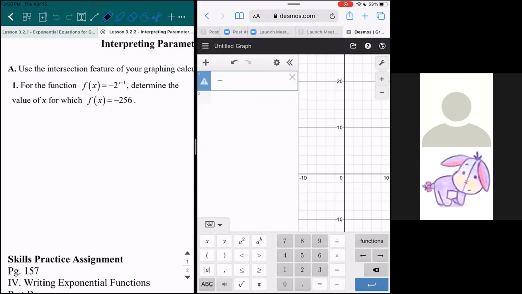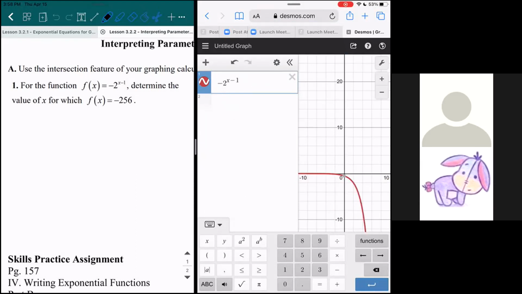So -2 to the power of x minus 1. Well, Desmos doesn't like me typing there, so I'm going to go ahead and type it like this, x minus 1, and then delete that.